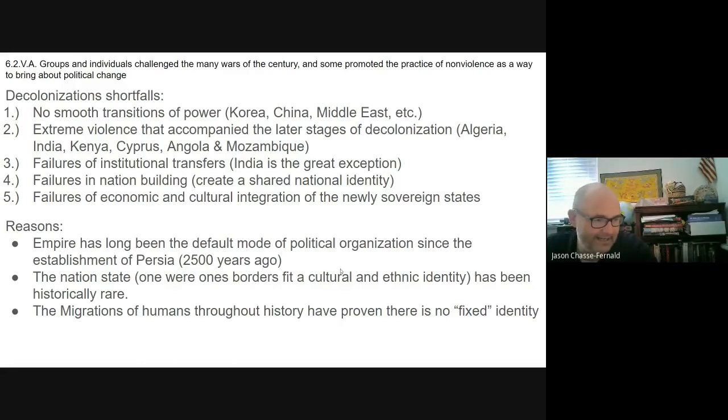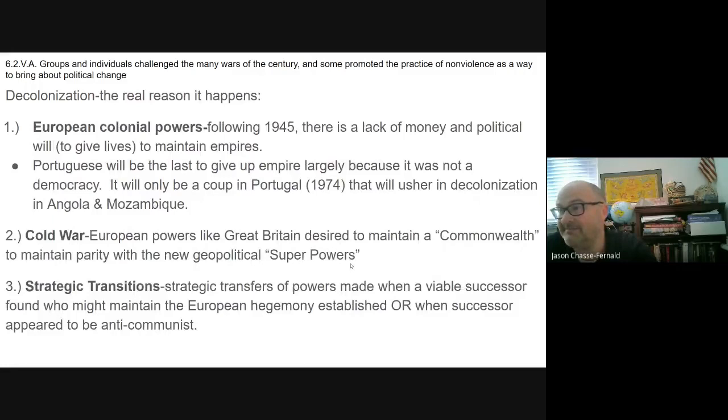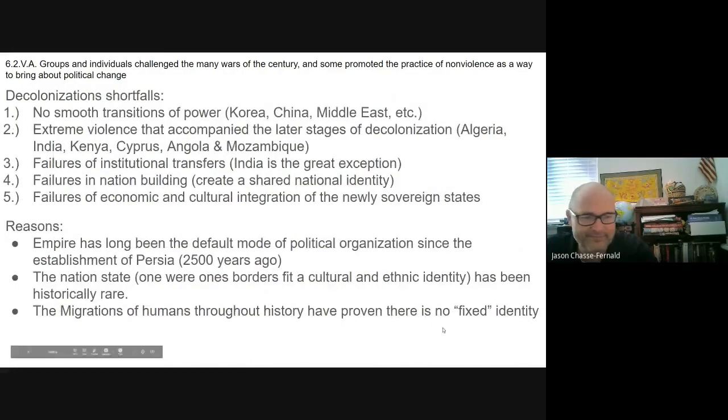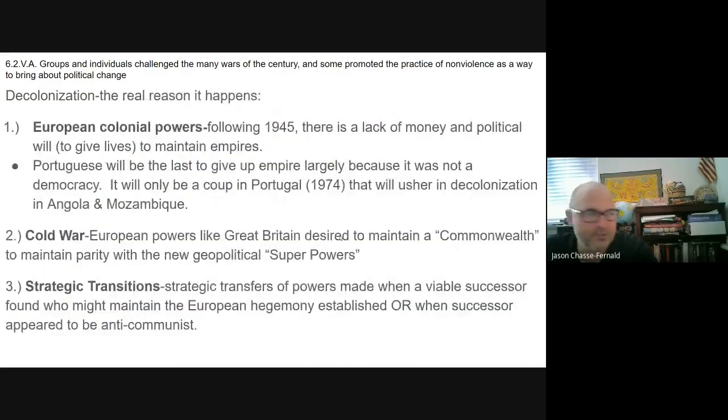All right, so most of what we've been doing is migrations and diasporic communities and such. So, after thousands of years of that, and for this entire course, it's been pretty intensifying levels of it. You're going to have no fixed identity, which means shared national identity is going to be a challenge.